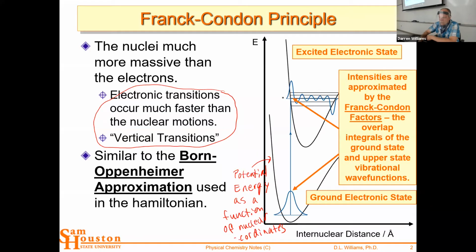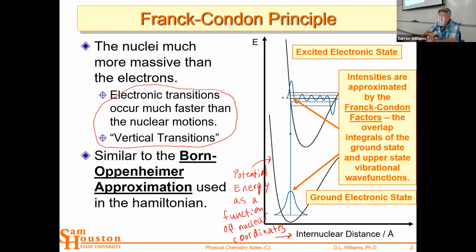For a diatomic, you just have the bond length. So if you map the bond length on the x-axis and draw the potential energy, you see those surfaces, where the bonding region is the minimum of that potential energy surface.